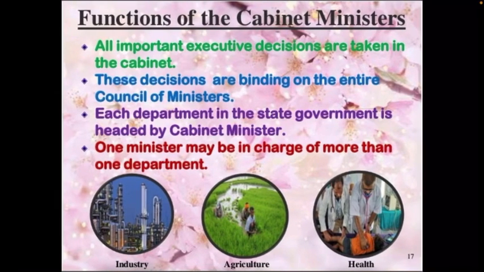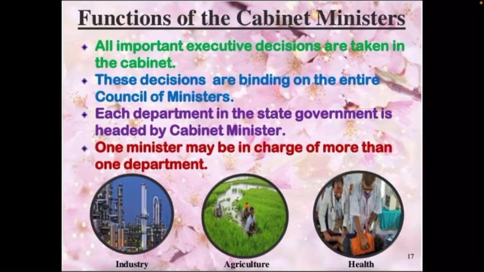There are different functions of these cabinet ministers. First of all, important executive decisions are taken by these members in the cabinet. Then these decisions are binding on the entire Council of Ministers. That means all the council ministers have to follow those.